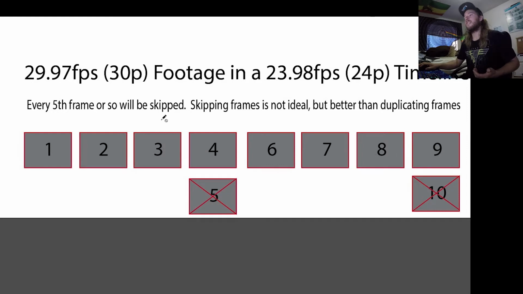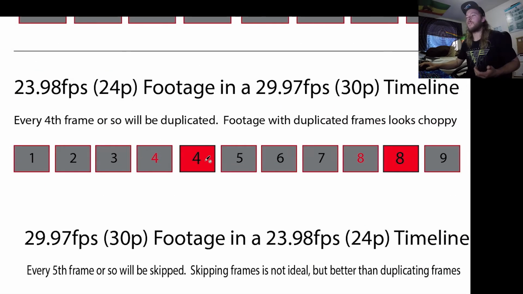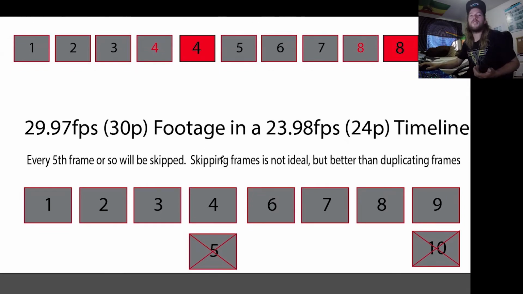Now, this isn't exactly ideal, but it looks better than when it has to duplicate frames. Because this will go and then it'll have a quick gap. It'll jump real quick, and I think the jump is a little bit less noticeable than the duplicate frame where it stops. That's just my opinion. You can take a look at it and make the decision for yourself.